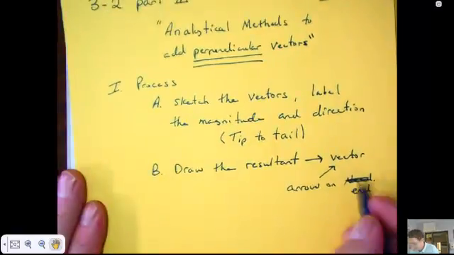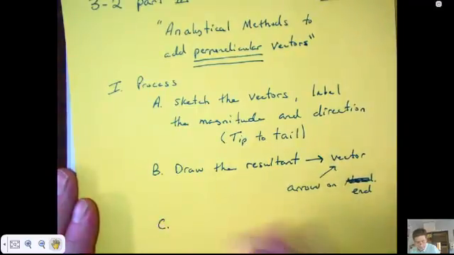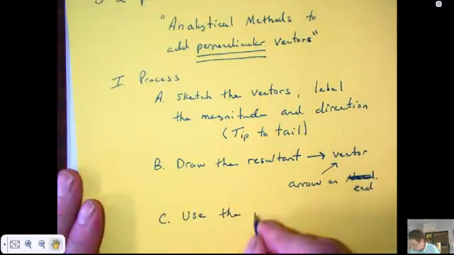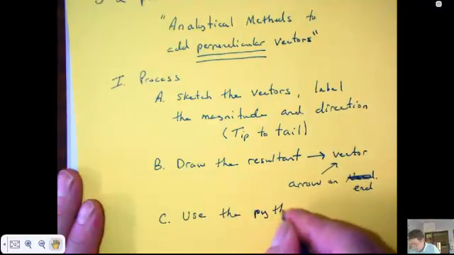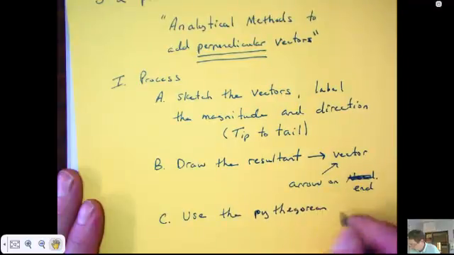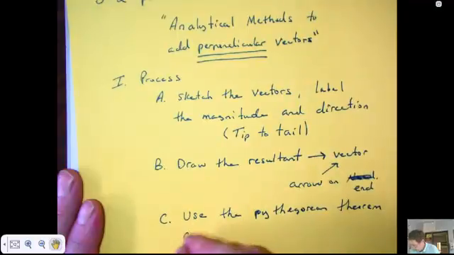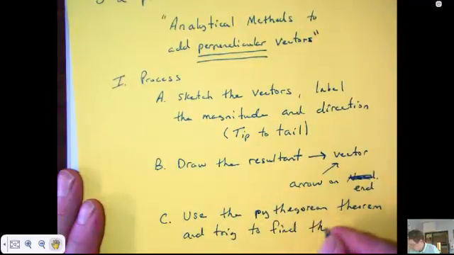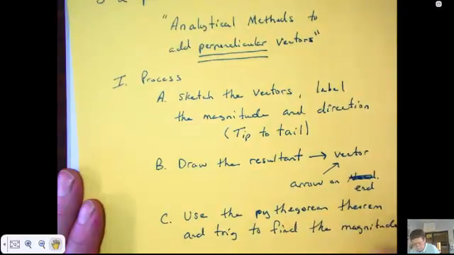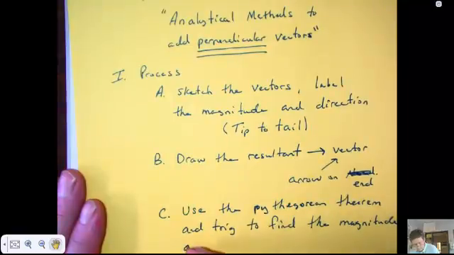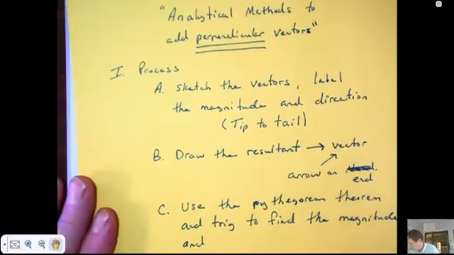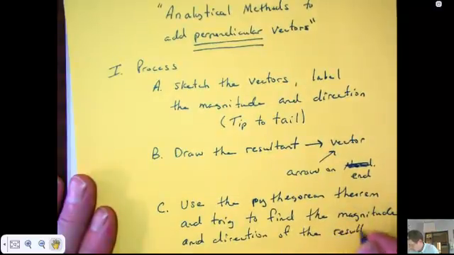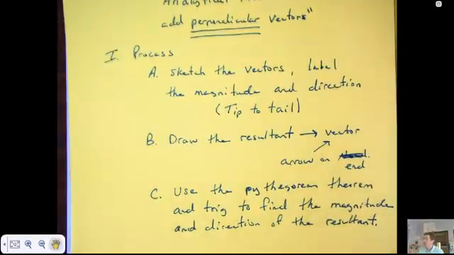And then we're going to use the Pythagorean theorem and then trig to find the magnitude and direction of the resultant.